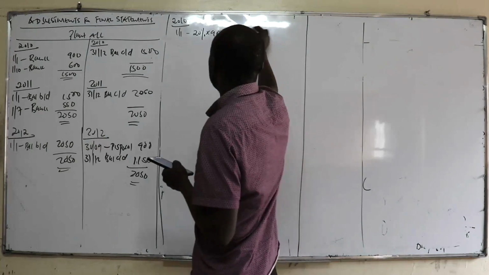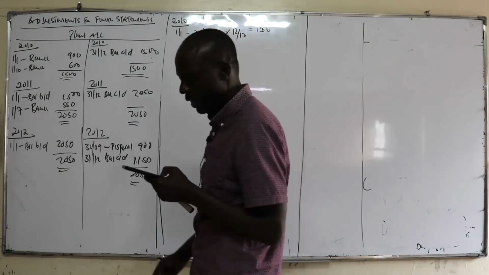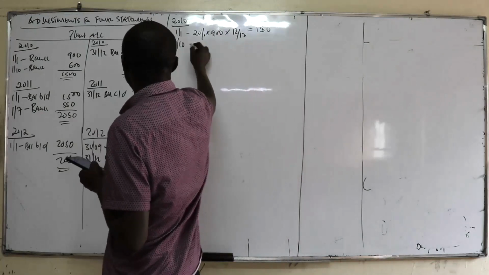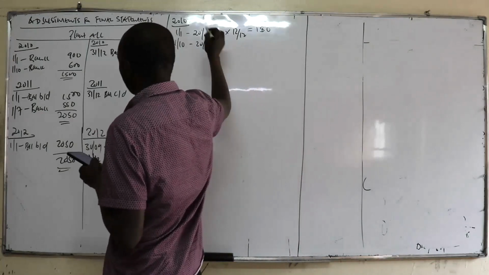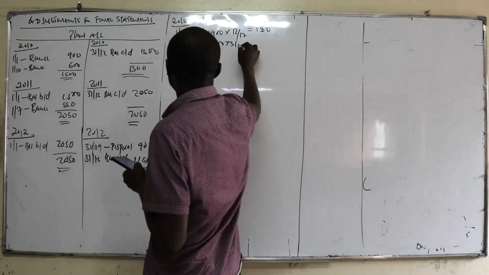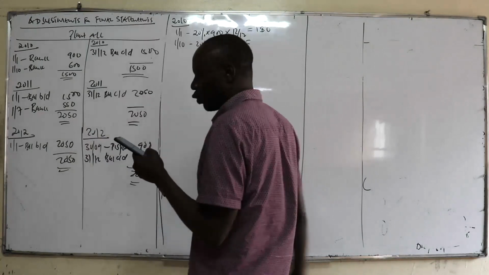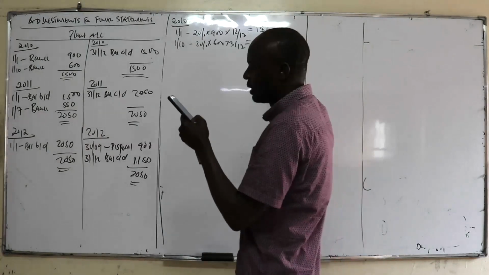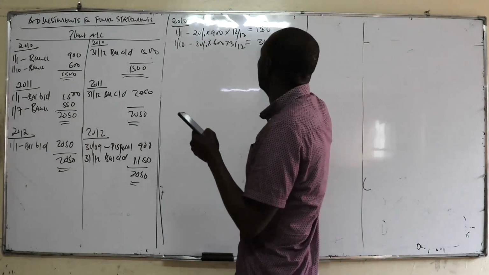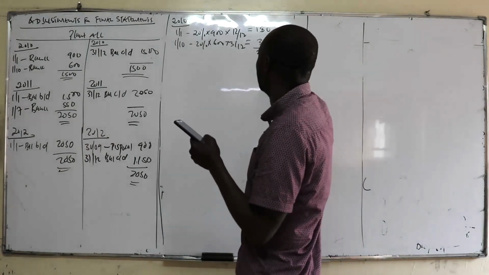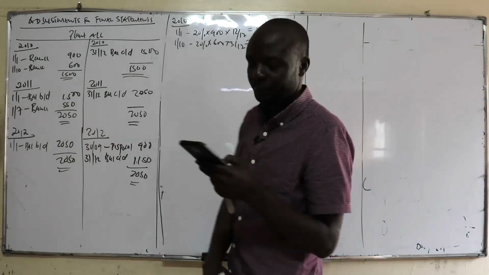So that one gives you 180. Are we together? Yes. And then there's this one that was bought in October, 20% times 600. This one only stayed for 3 months in that particular year. So you're going to prorate, which is 3 out of 12. This is going to give us 30. So the total charge for 2010 is going to be 210 for depreciation. Are we together?